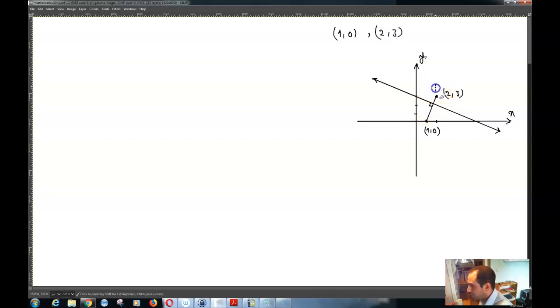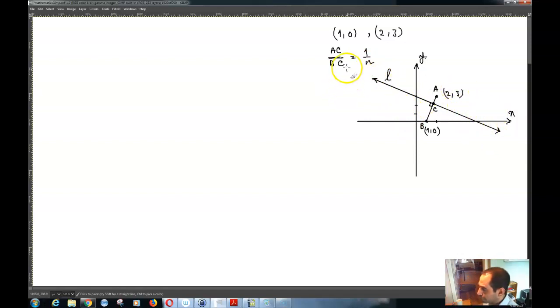Meaning that if I call this point A, and this point B, and this point C, then I can say that AC to BC is equal to 1 to n. That means that this line, call it L, is dividing this line segment AB internally in the ratio 1 to n. So now we want to find the equation of this line L.